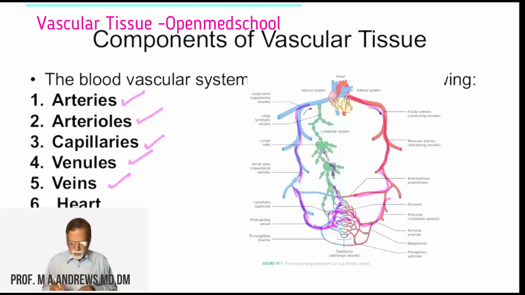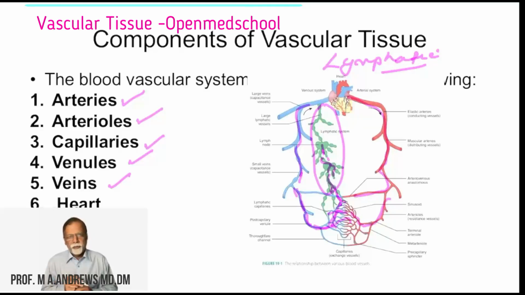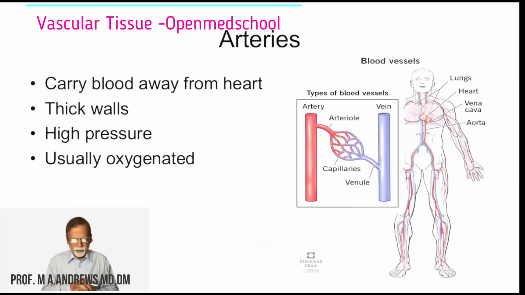Some amount of fluid is leaking from the capillaries and remaining in the tissue without entering the veins. That part is drained through what are called the lymphatics. So I will discuss the lymphatic system in a separate session. So this is the lymphatic. Whatever fluid is remaining in the tissue is returned via the lymphatic system.